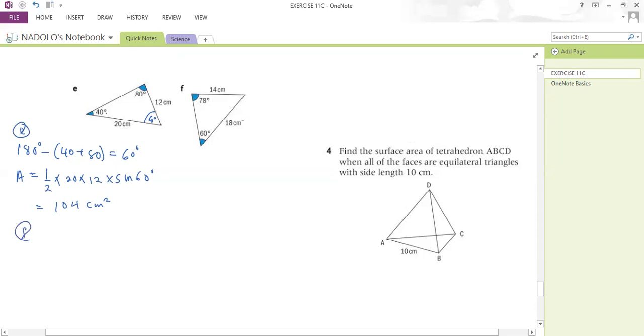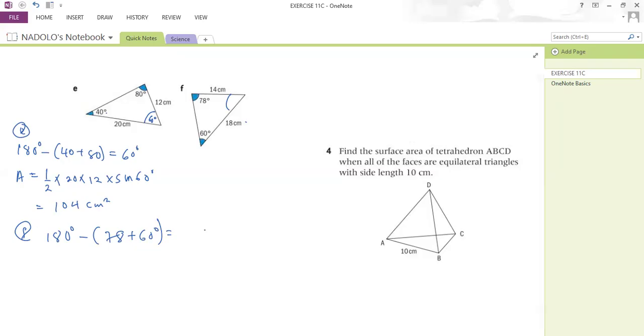Part F, you have two sides, but you don't have an angle in between them. So you are going to subtract the sum of the two angles already given to find the angle in between them. If you do 78 plus 60, that is 138. You subtract 138 from 180, and you'll get 42 degrees, which is the angle between those two given measurements.